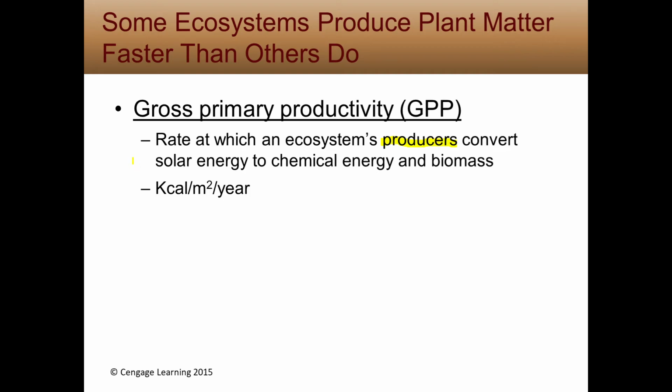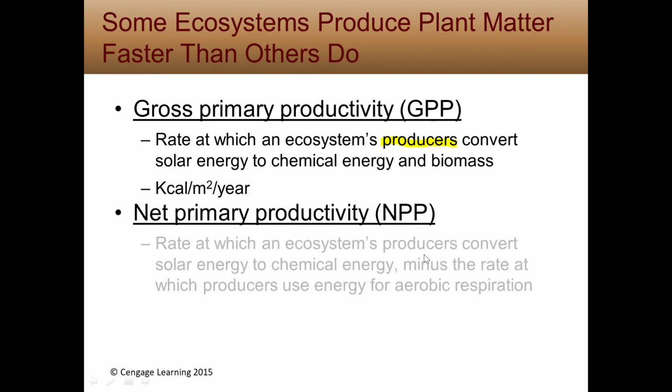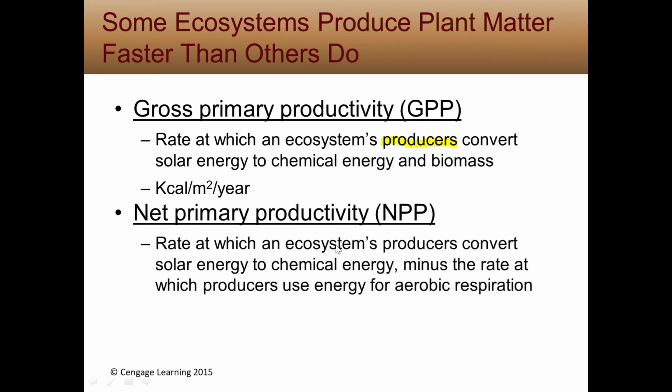So what are they converting here? What are they making? And there is a measurement there, a measurement that you will not have to memorize. You will have to work with some math problems, but those units will be given to you. Now, after they use what they need to respire and live and grow and metabolize, that's our net primary productivity.